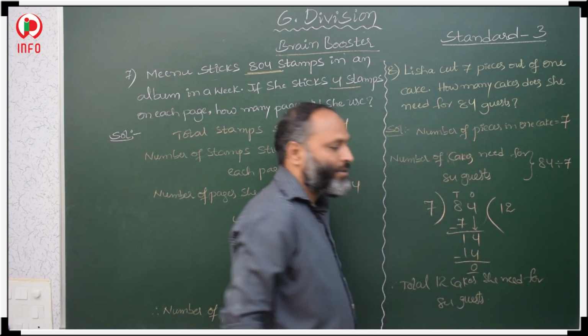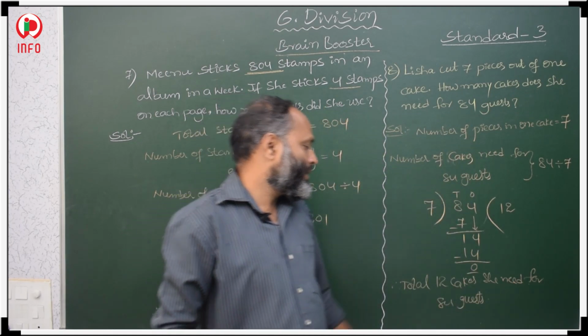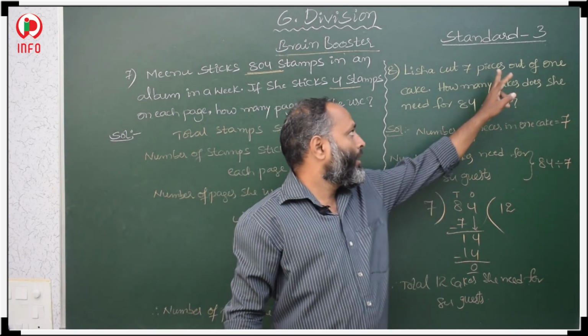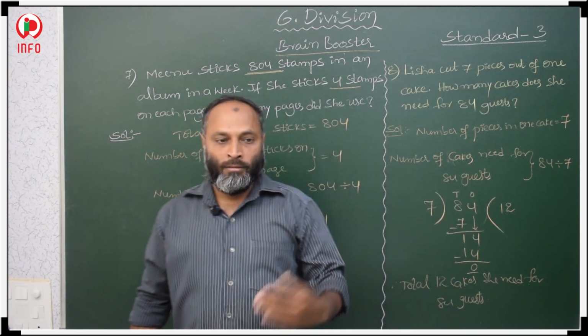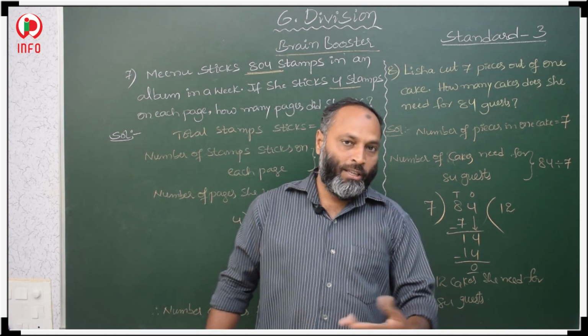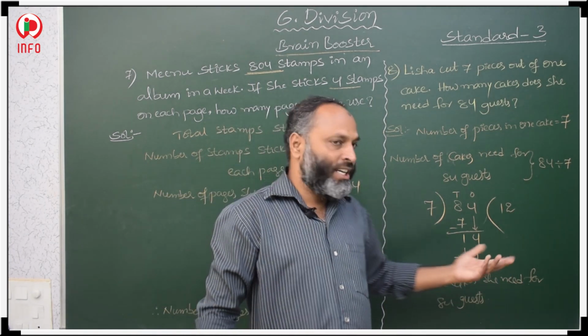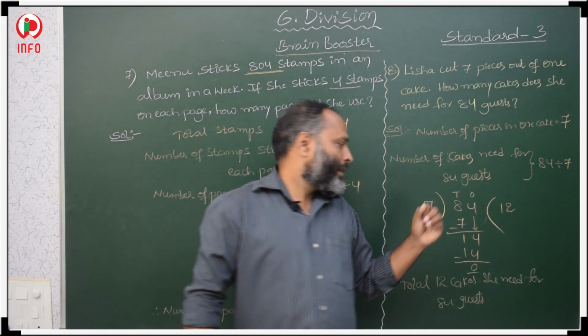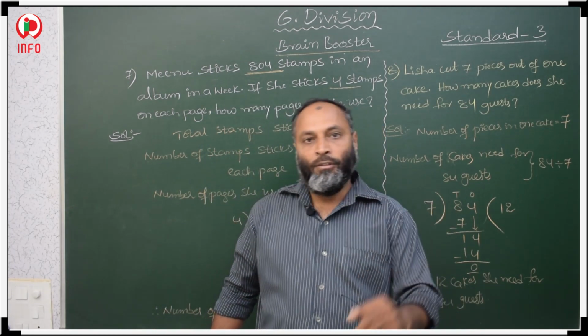Why? Because in one cake she is going to make 7 pieces. If 12 cakes were there, then in total she can make 84 pieces. That is why she needs 12 cakes for 84 guests.